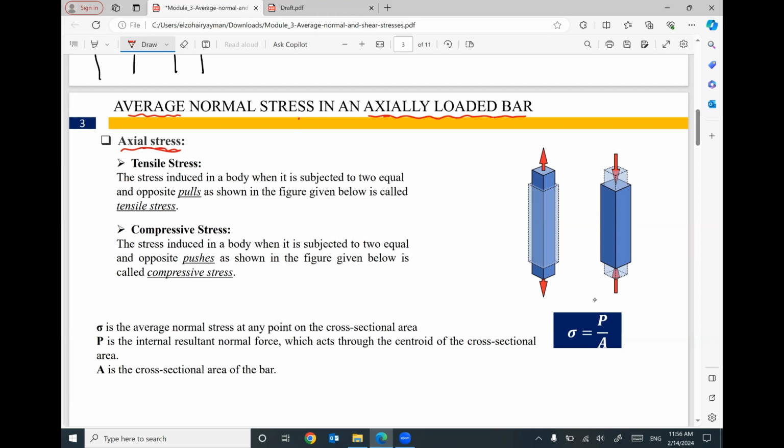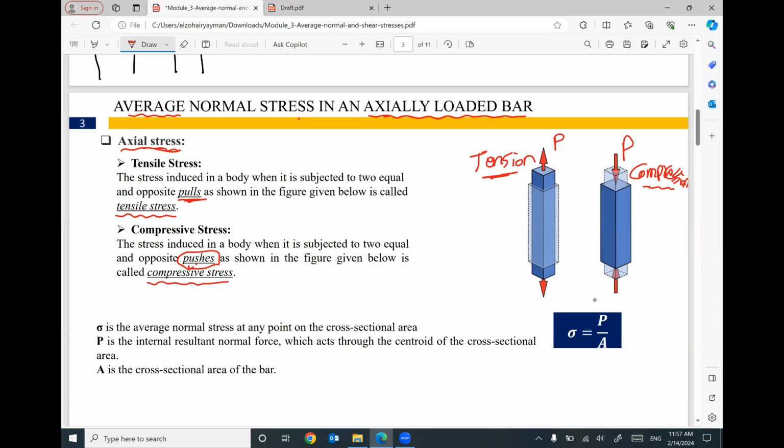Just a reminder, the applied force P on any member can be tension, like this one, or compression, like this one. If the force is pulling the member, it will be tension. In this case, the stress caused by this tension force is called tensile stress. The force which is pushing the member will cause compression. In this case, the stress will be called compressive stress.